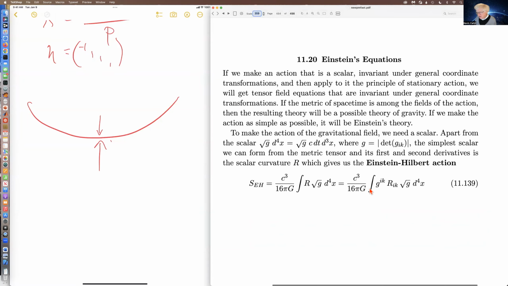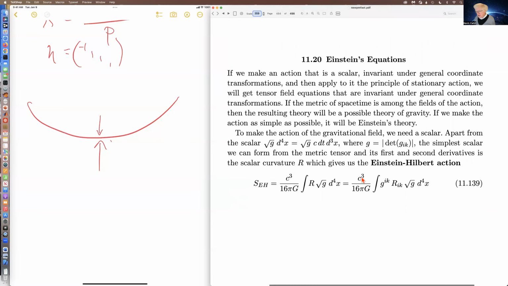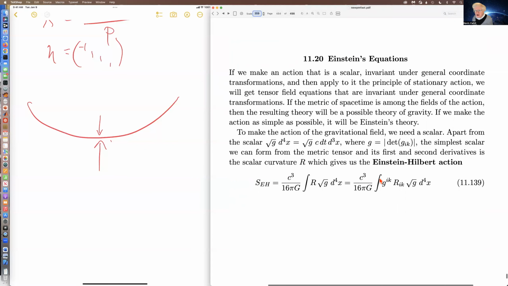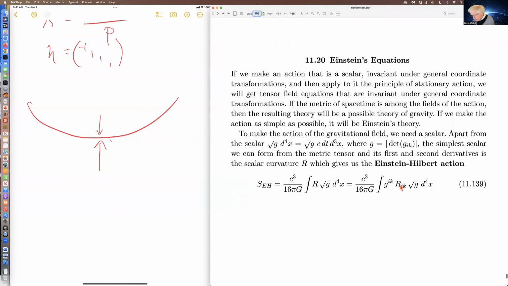Now, Newton's constant is 1 over the square of the Planck mass. Newton's constant is small, and c is pretty fast, so this constant here is a big number. So the action due to gravity is huge for small gravitational effects, or equivalently, the action due to a small gravitational effect is huge.